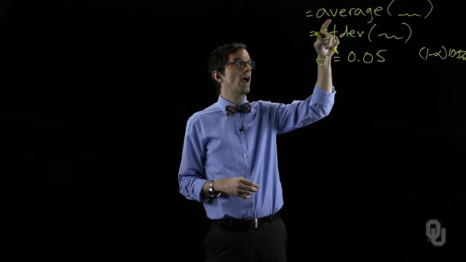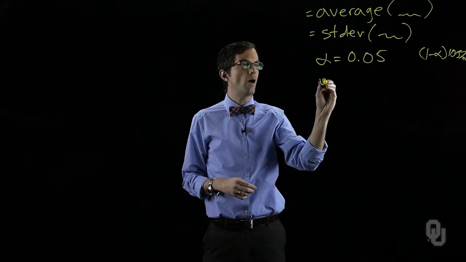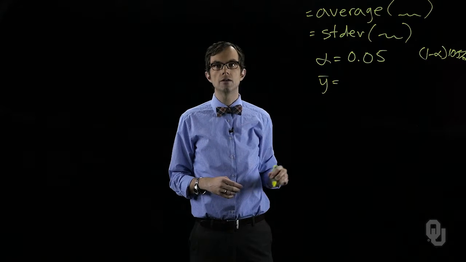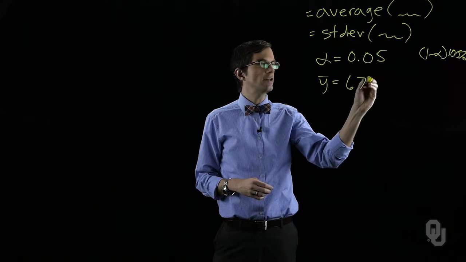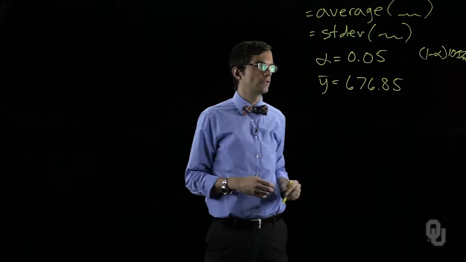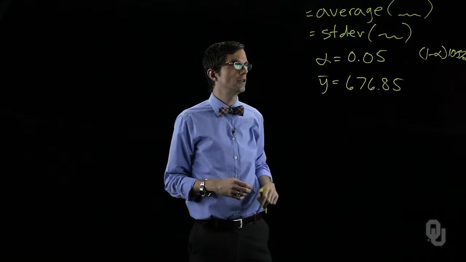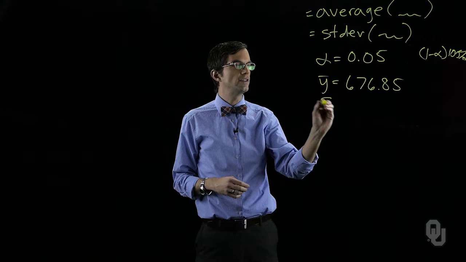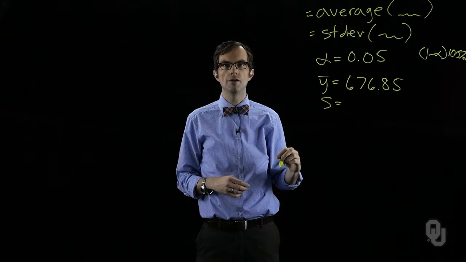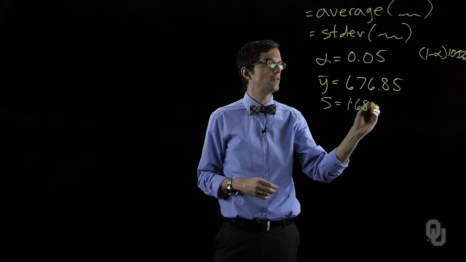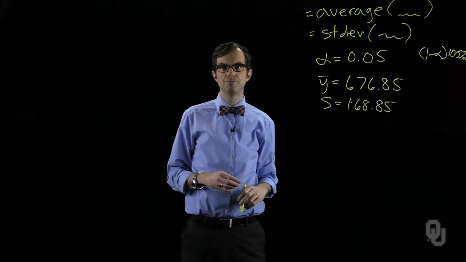And as a result of this average function in Excel, we found that y bar, our sample mean, was 676.85 kilonewtons. And from the stdev function in Excel, we found that the sample standard deviation was 168.85 kilonewtons.